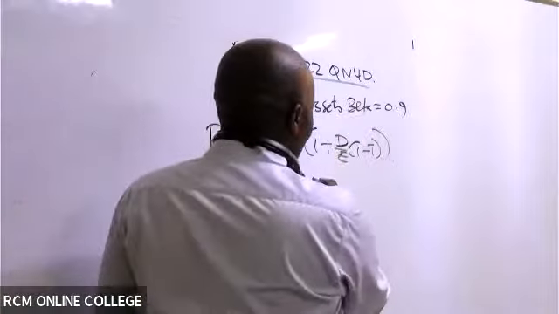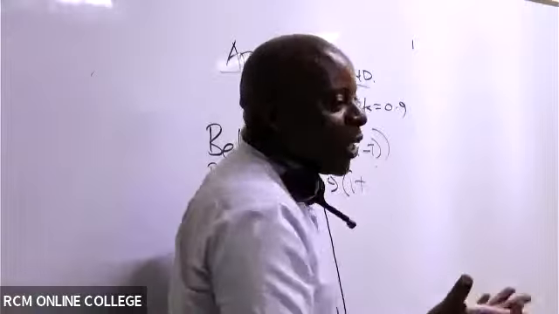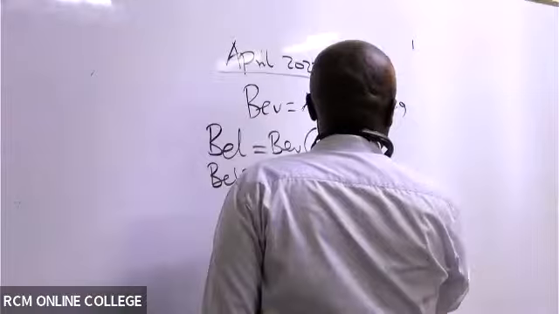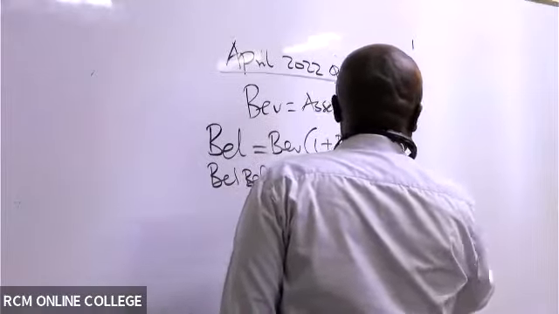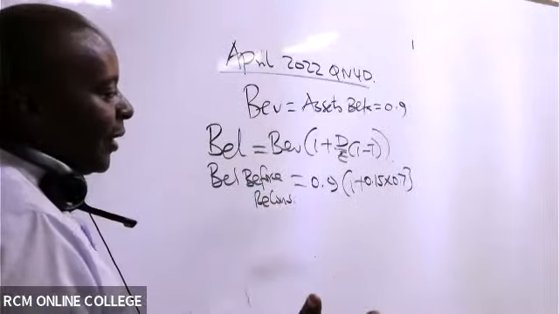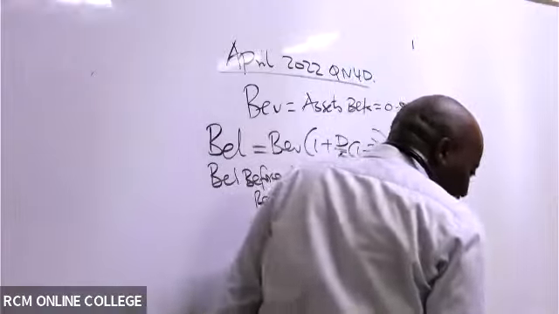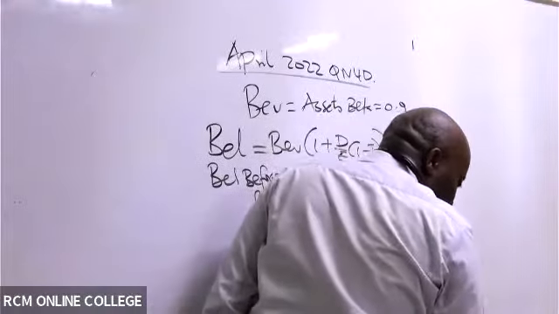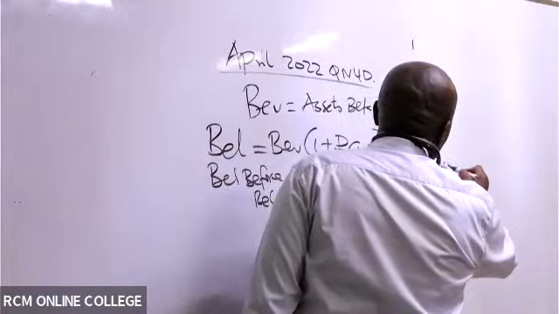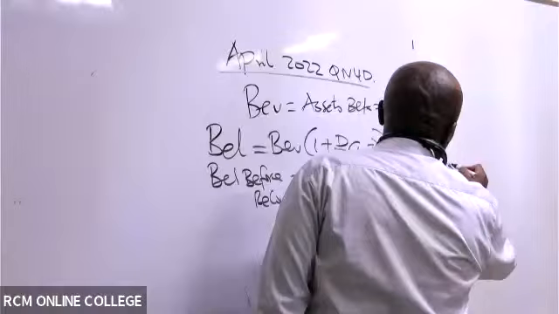BEU is 0.9, into 1 plus debt to equity before reconstruction, 0.15. At the end of the day, we shall use 0.7 there, because 1 minus tax, 1 minus 30%. So this must have given you what figure? 0.994 or 0.99.